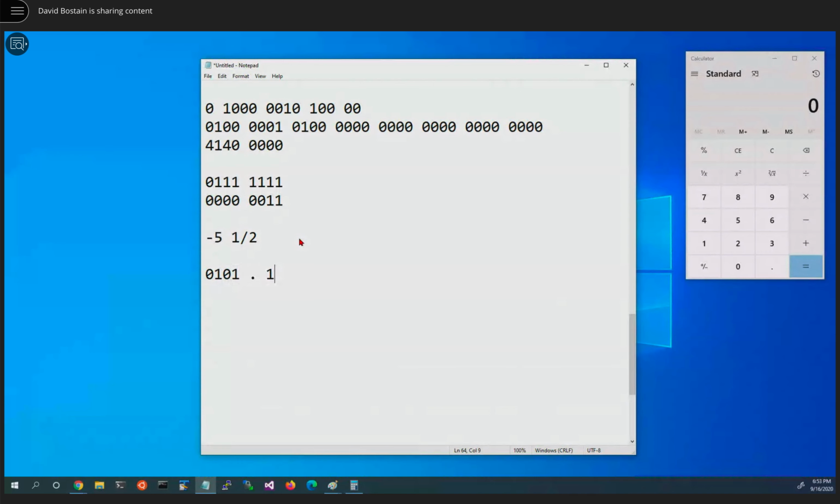That's 1 over 2 to the -2, so it'd be 1 over 2. And then 4 zeros just to make them all be nibbles. So we know what that is. If we were to write that down in hexadecimal, we would write 5.8. Right? That's what it is in hex. But we won't bother this time.